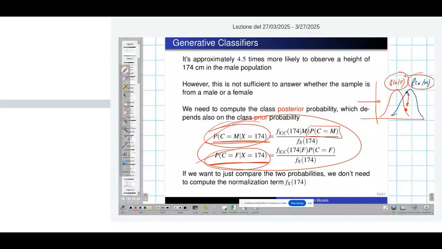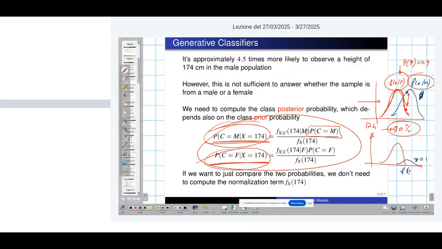If I have, for example, a country where 90% of people are female, then if I were to plot the frequency in the whole population of 174 centimeter tall people, I would scale this quantity by the prior of female, 0.9, so it would look something like this, and the amount of people who are male with some height would be this density scaled by 0.1.